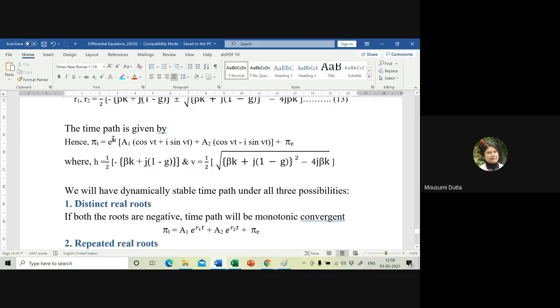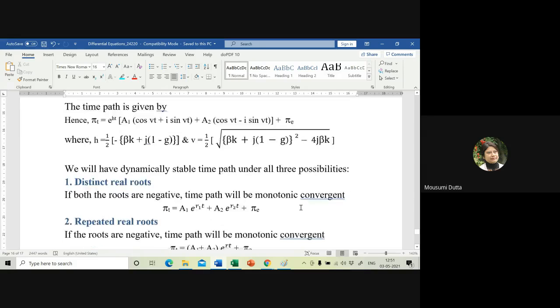If this h component is negative, e to the power ht will come to the denominator, and as t tends to infinity, this entire first part moves towards 0, so that pi t will move towards pi e. So if you can ensure h to be negative, you will have a dynamically stable time path.